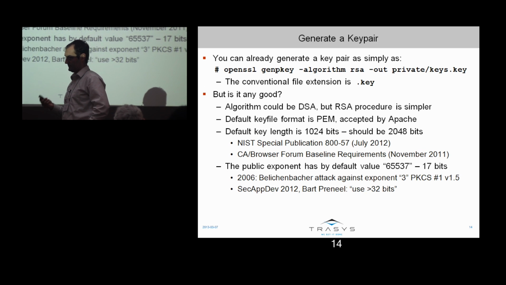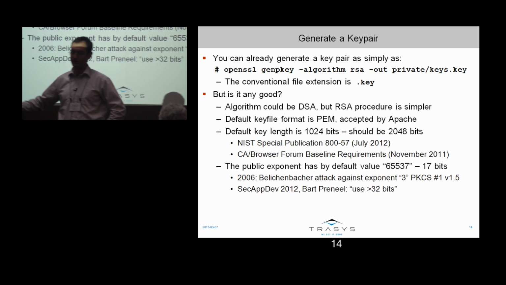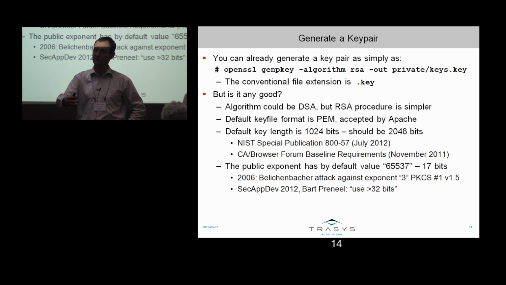According to the National Institute of Standards and Technology in America, who have a special publication which, amongst other things, recommends until when you can use, or until when you should use at the latest, certain key lengths.